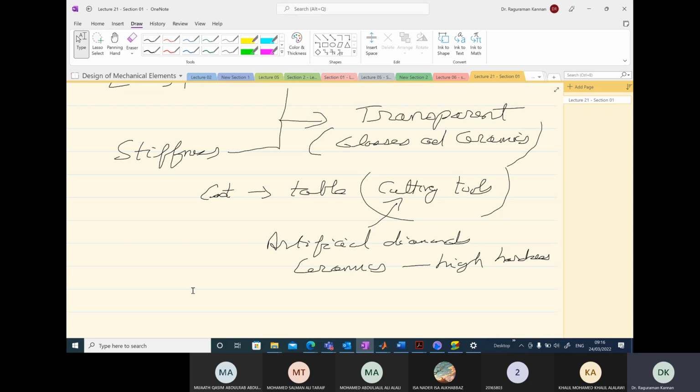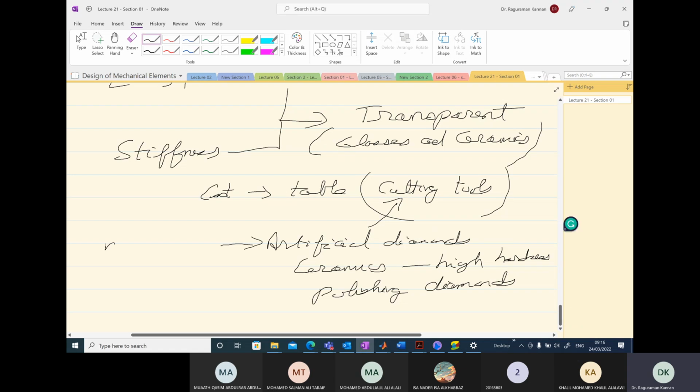Although it will get destroyed in the process, still we can use these materials for polishing diamonds, right? How do we polish diamonds? By using other ceramics, and we can polish them. So, or artificial diamonds. So you can use common sense arguments. Your artificial diamonds are not expensive, so we can use here.